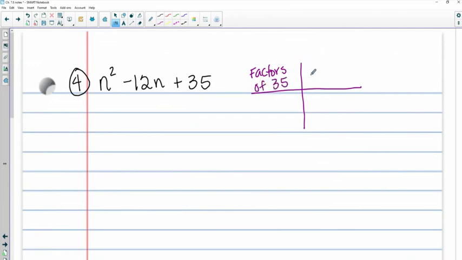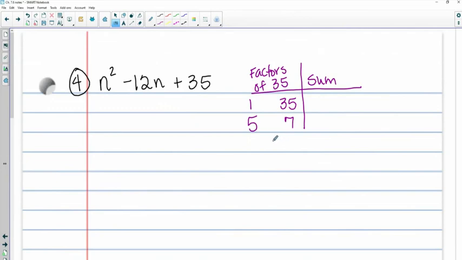And our sum is supposed to be negative 12. Okay, so we always start with 1. 1 times 35. How about 2? No. 3? No. 4? No. 5? Yes, 5 fits. 5 times 7. How about 6? No. 7? Aha, we already did the circle, so we're good.